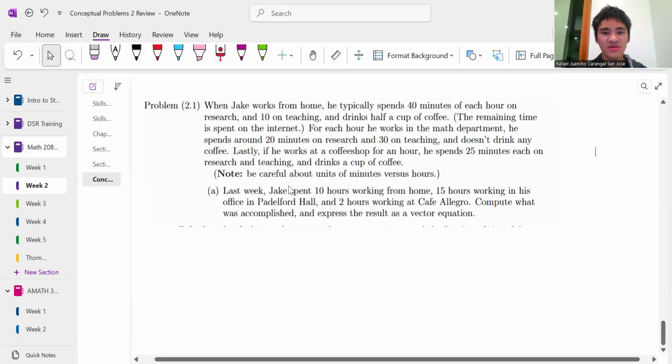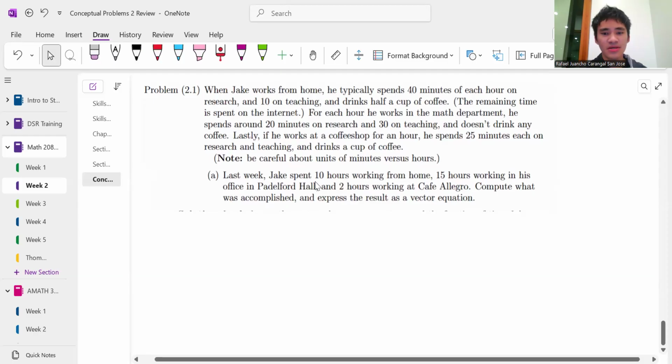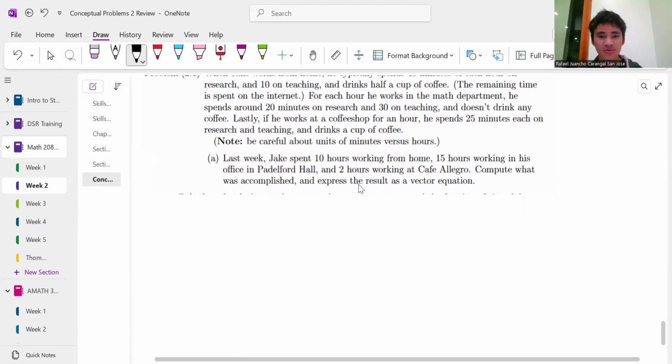So we have to be careful about units of minutes versus hours. Last week, Jake spent 10 hours working from home, 15 hours working in his office, and 2 hours working at Cafe Allegro. Compute what was accomplished and express the result as a vector equation. So how would we do this, first of all?